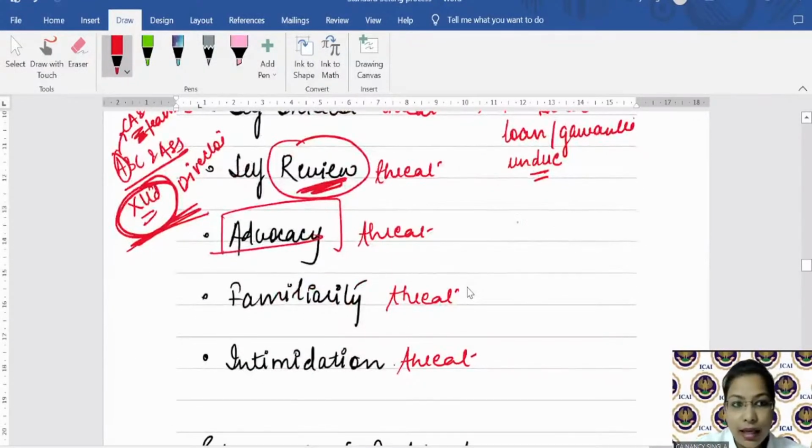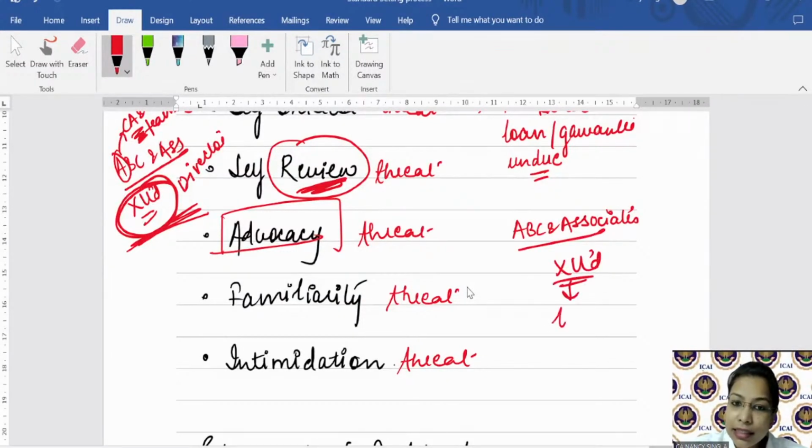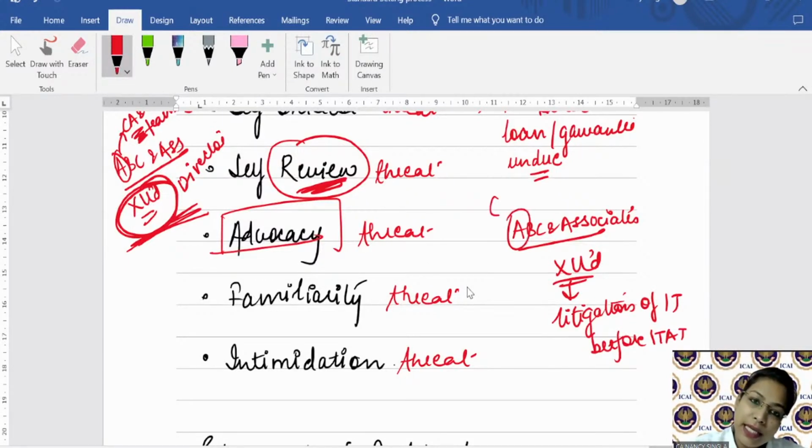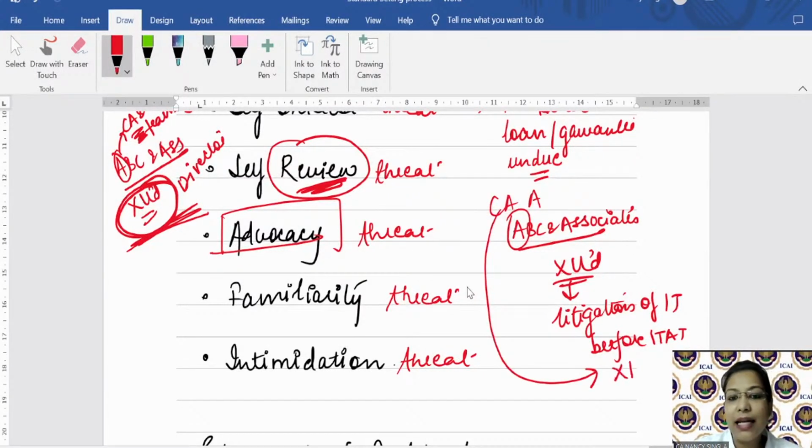So let's say again, ABC and Associates are the statutory auditors of X Limited, and there is a litigation of income tax that is pending before ITAT, Income Tax Appellate Tribunal. Okay. Now, CA is the engagement partner. Here, he is conducting the audit. Now, if he is representing his client X Limited before ITAT in this case, advocacy threat.